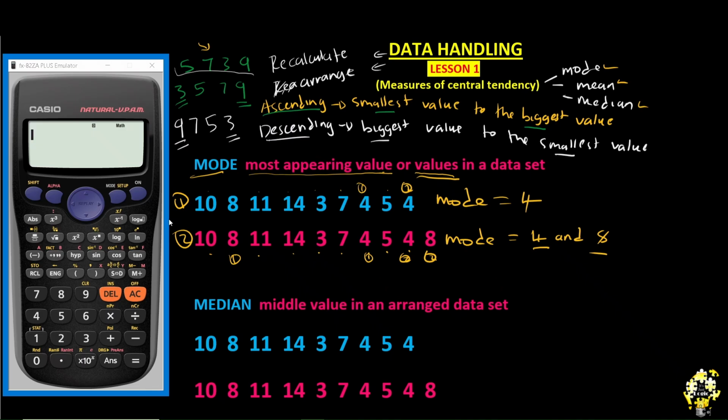Now we have an occasion whereby there is no mode. Let me quickly give you data set number 3. Let's say we had 10, 8, 11, 14, 3, 7, 4, and 5. Now this is the whole data set. As you can see, there is no most appearing value.